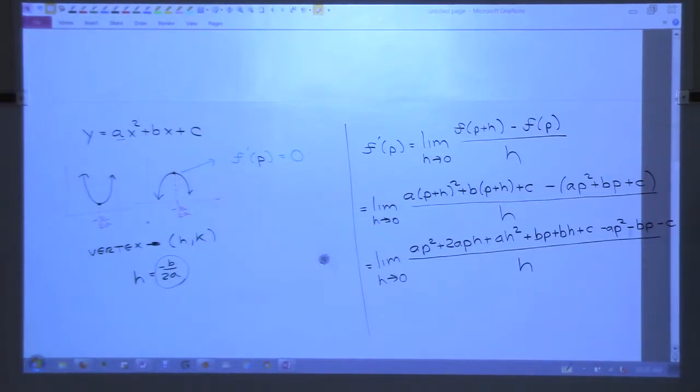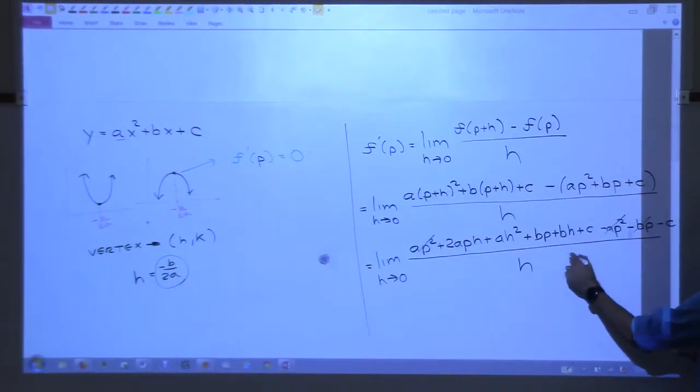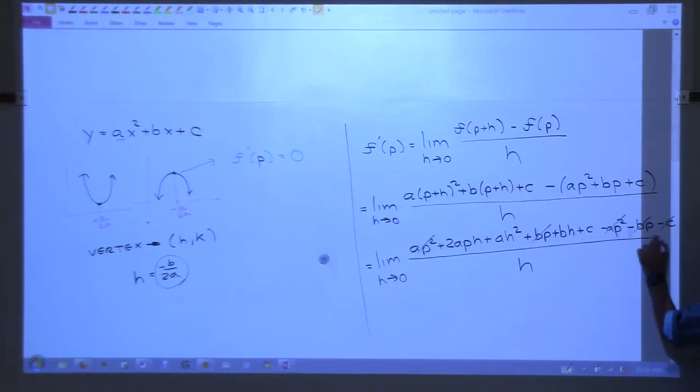That looks like a disaster, but good things should happen here. Let's see. Gone, gone, gone, gone. The c's gone. We've got an h to factor out, so I'm good at this point, right?